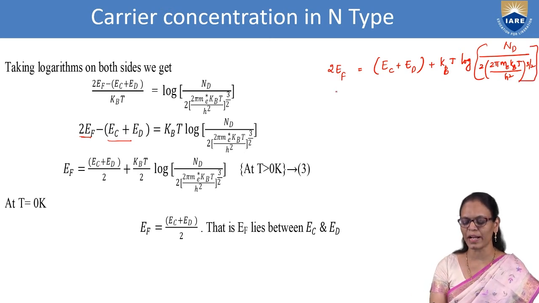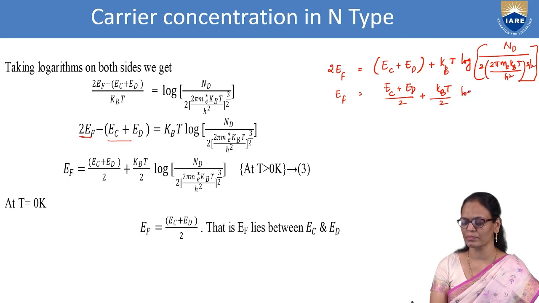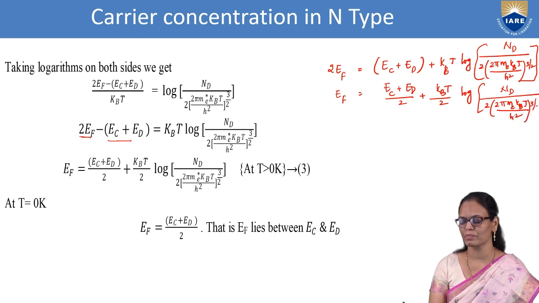Now if I want to write Ef, this 2 comes onto the other side, it goes to the denominator. So we get (Ec plus Ed) by 2 plus kBT by 2 log of Nd by 2 into (2 pi me kBT by h square) power 3 by 2.